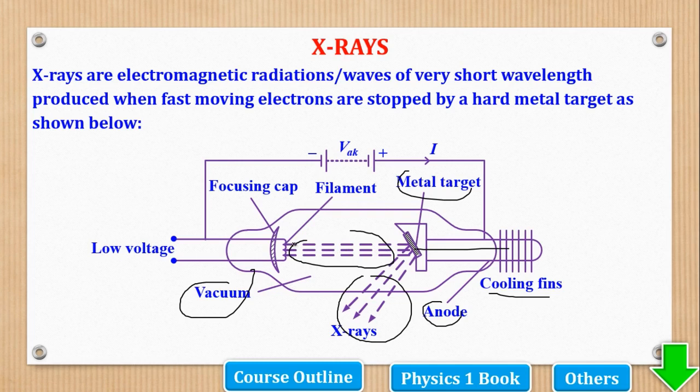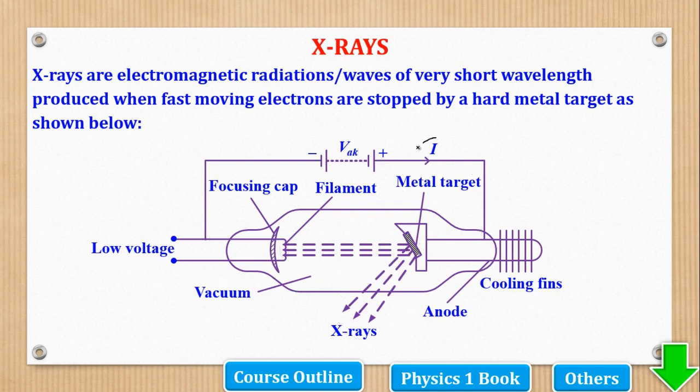Remember, these electrons have to be fast moving electrons, so if there is no vacuum, there would be resistance. Then this is what we call the VAK. VAK is a symbol to denote the cathode anode potential. This is the cathode, this is the anode, and this potential is between those two. That's why we call it the anode cathode potential, and it is also known as the accelerating potential.